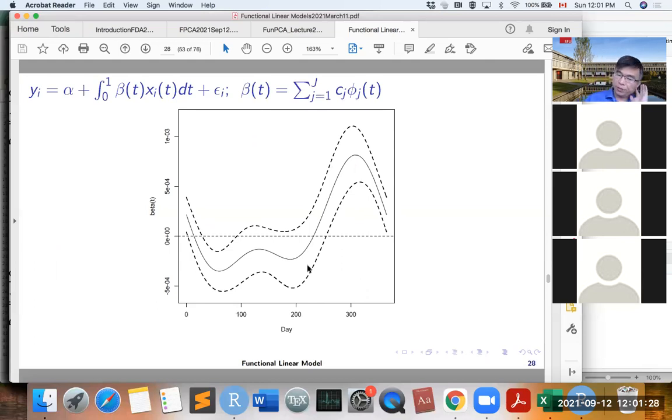For this functional linear model, the key part is this beta t. This beta t represents the cumulative effect of x_i(t) on y_i.